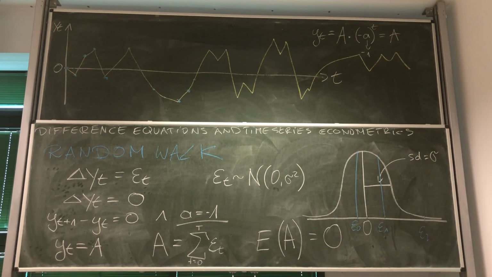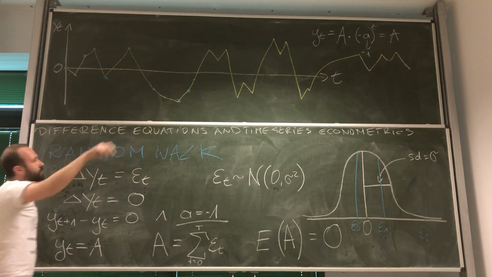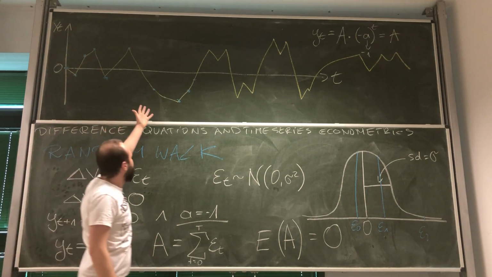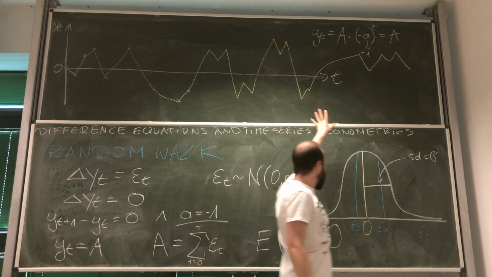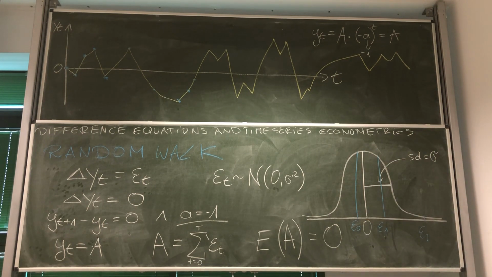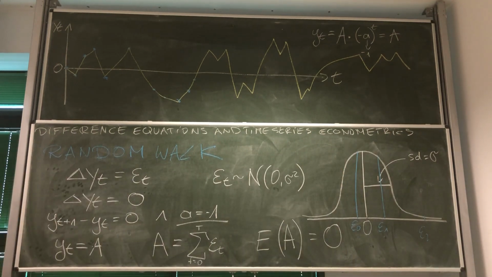is 0. Because here is the line around which we fluctuate. But those fluctuations are completely random. And they all depend on shocks coming from this distribution. Okay. Now, I hope this is understandable.